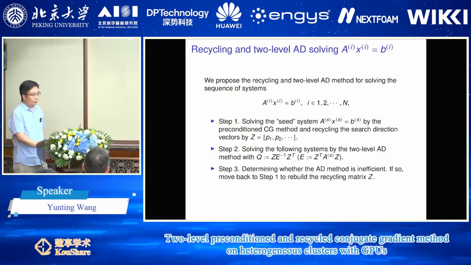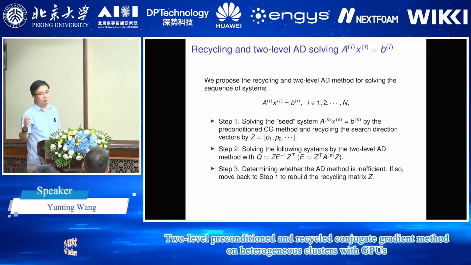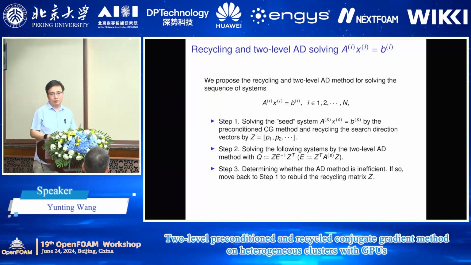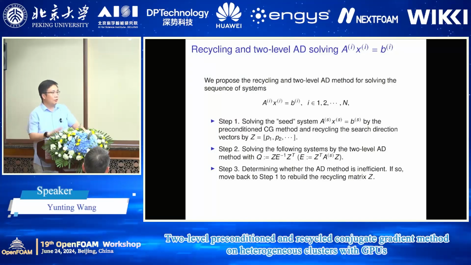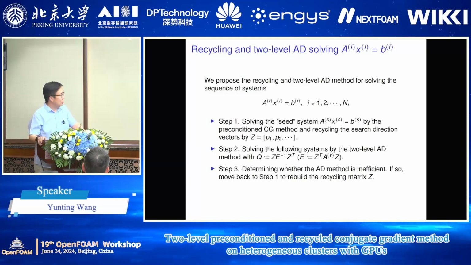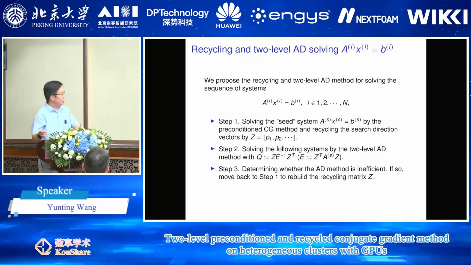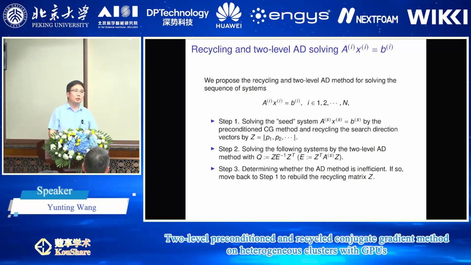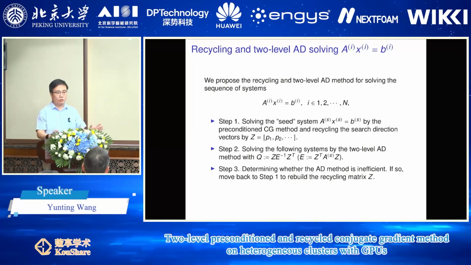Because the linear system changes step by step, fortunately you can solve several systems using the same correction matrix. But unfortunately, after some steps it becomes inefficient. In that situation, you have to come back to step one and rebuild the correction matrix, and then continue your job. So that's the story.